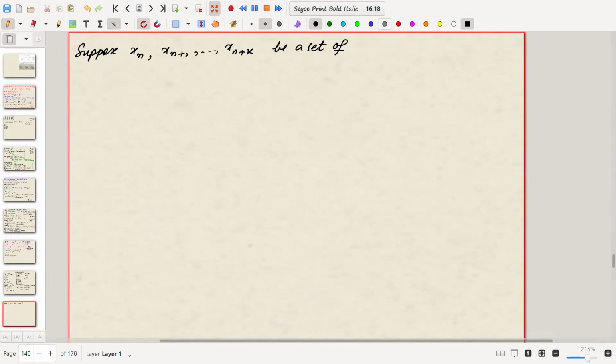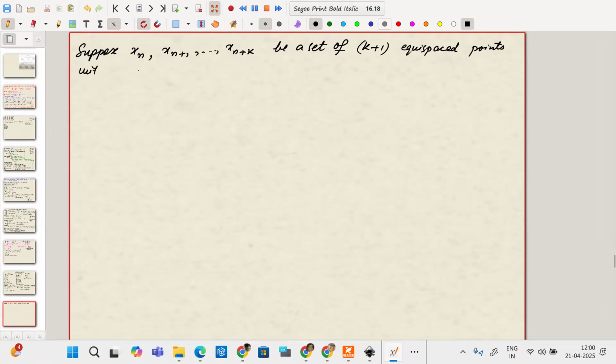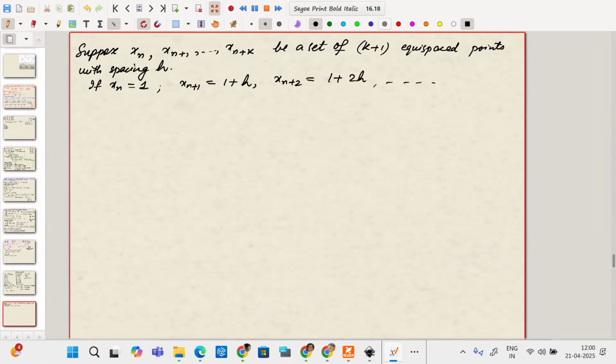So suppose it is a set of k plus 1 equispaced points with spacing h. What do I mean by that? If xn is 1, then xn plus 1 is 1 plus h, xn plus 2 is 1 plus 2h. That is what I meant by equispaced points.